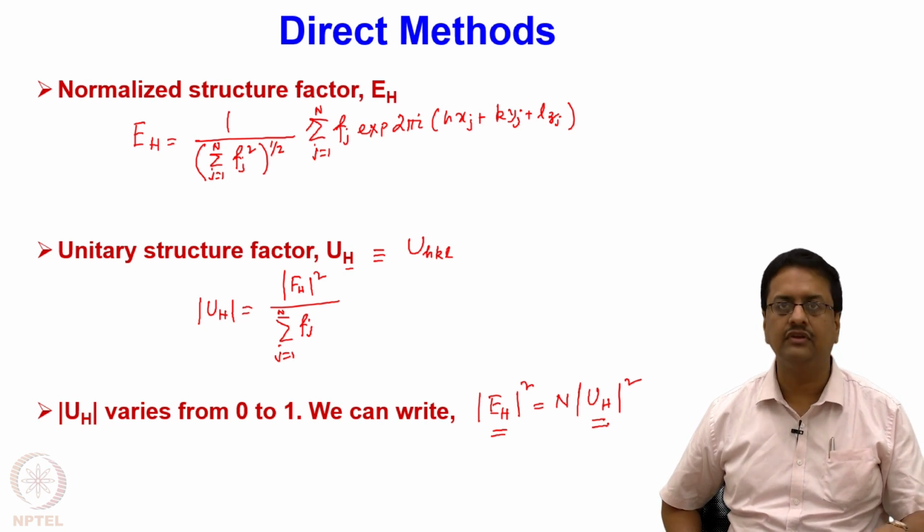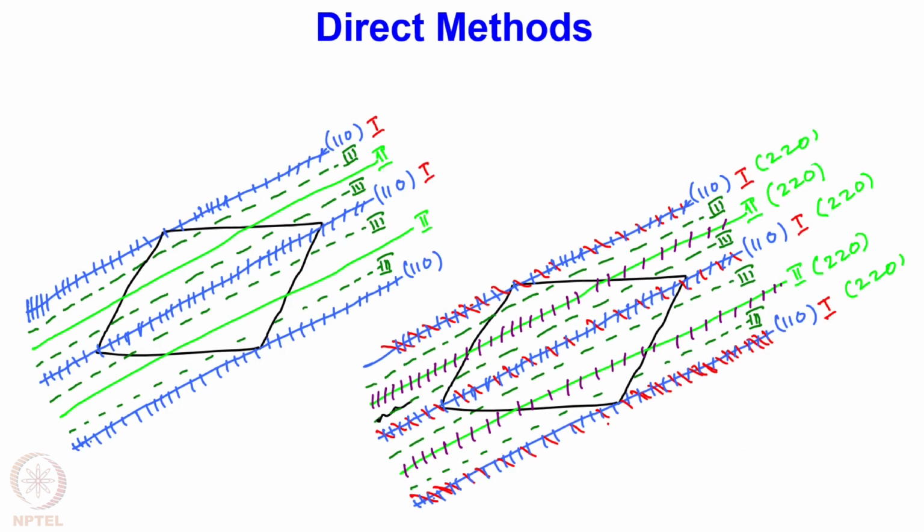From that point we went on to explain two different methods. The sigma 1 relationship, which we used to draw the Bragg-Lipson plots and tried to identify the regions where the electron density is maximum for a given reflection and its family, that is 100 and 200, or if it is HKL, then 2H 2K 2L type of reflection.